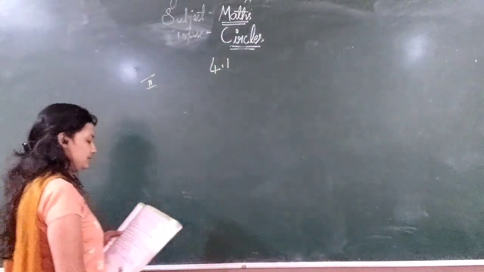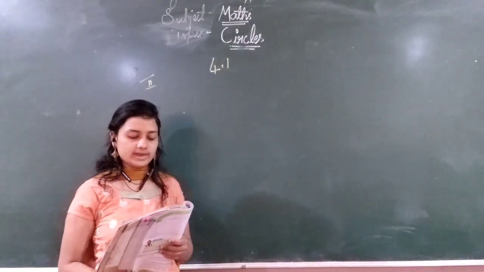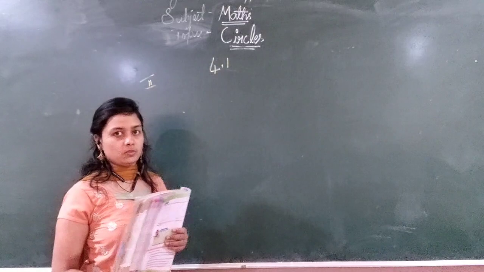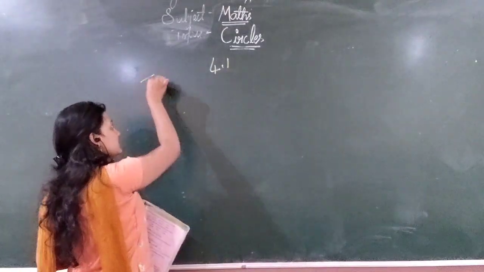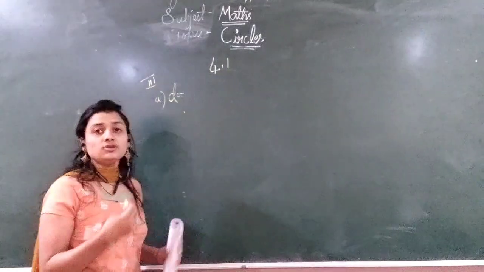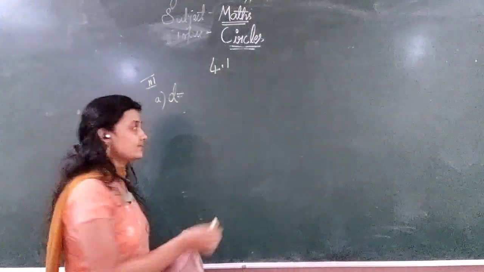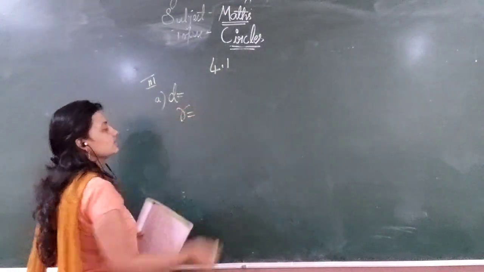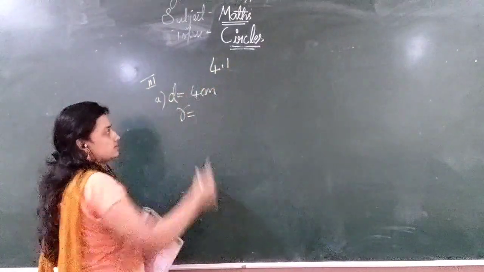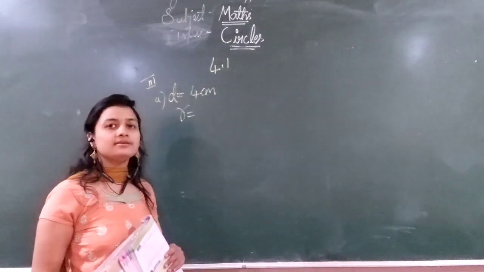What does the third question tell? It tells us to find the radius of each of the circles whose diameter is given below. So in the third question, they have given you the diameter, that is D. We will find the radius, R. Let me take the first one. Diameter is 4 centimeters. How will I find the radius?